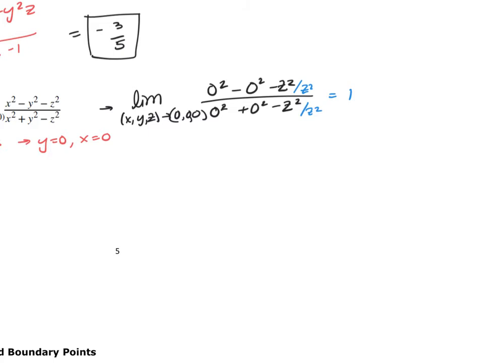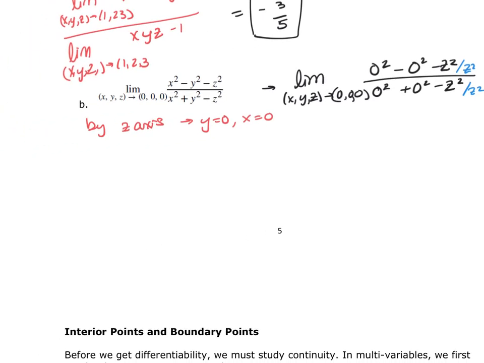Now, let's approach one of the other axes. No matter how I approach the origin, 0, 0, 0, I better get the same number. So now let's approach by the y-axis, which means I'll do x is equal to 0 and z is equal to 0.